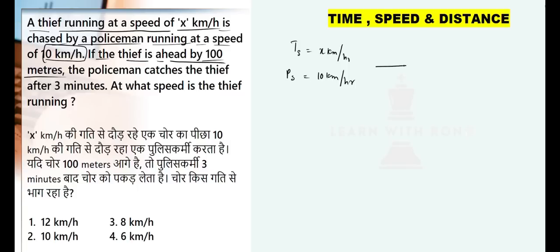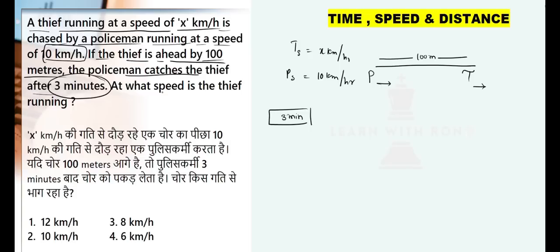Let's say here is the thief and here is the policeman. The policeman is chasing the thief, so both are traveling in the same direction. The policeman catches the thief after 3 minutes. At what speed is the thief running? They asked us to find the x value.